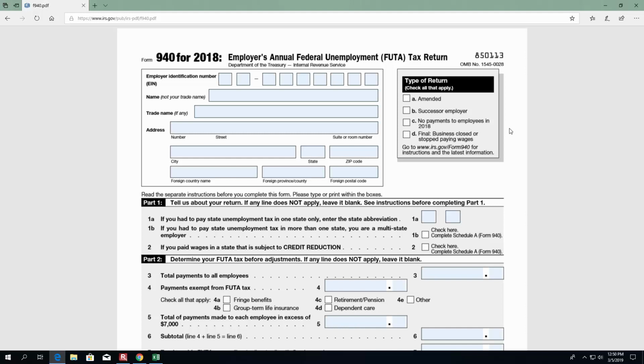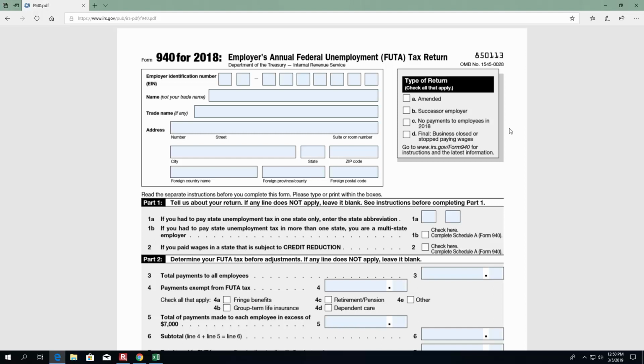We're moving into chapter 5, and I'm going to lecture on that today. But I wanted to do some hands-on work so you know where we're going with this. It's right up in the name: Employer's Annual Federal Unemployment Tax Return.